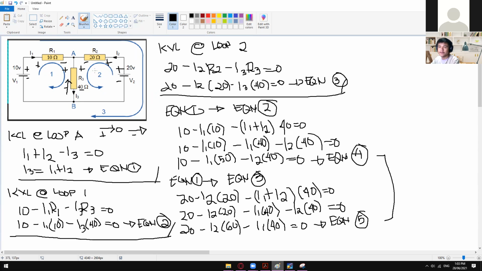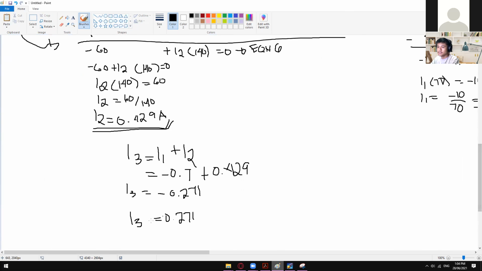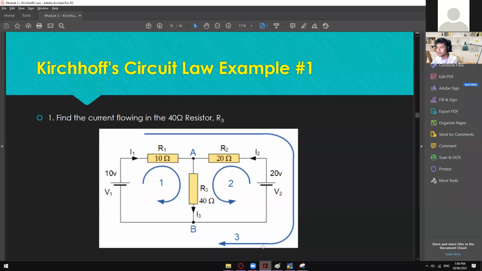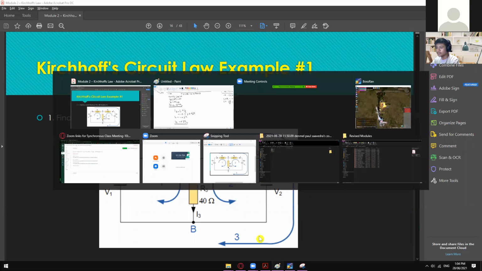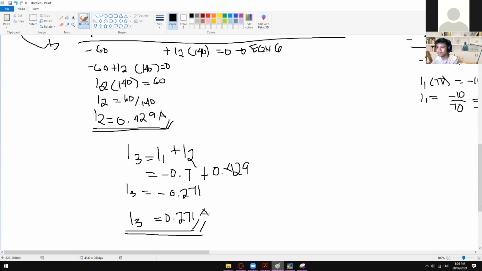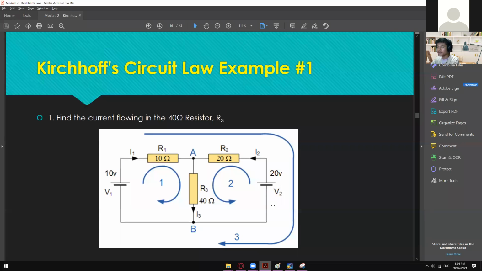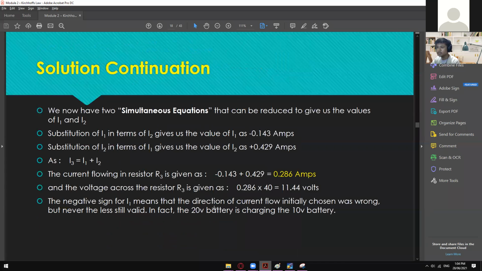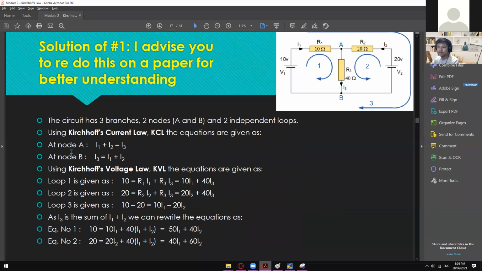That's the correct assumption when it comes to those currents. So voila, we now have the result for I3. The correct answer for this 40 ohm resistor is that the current flowing is 0.271 ampere.